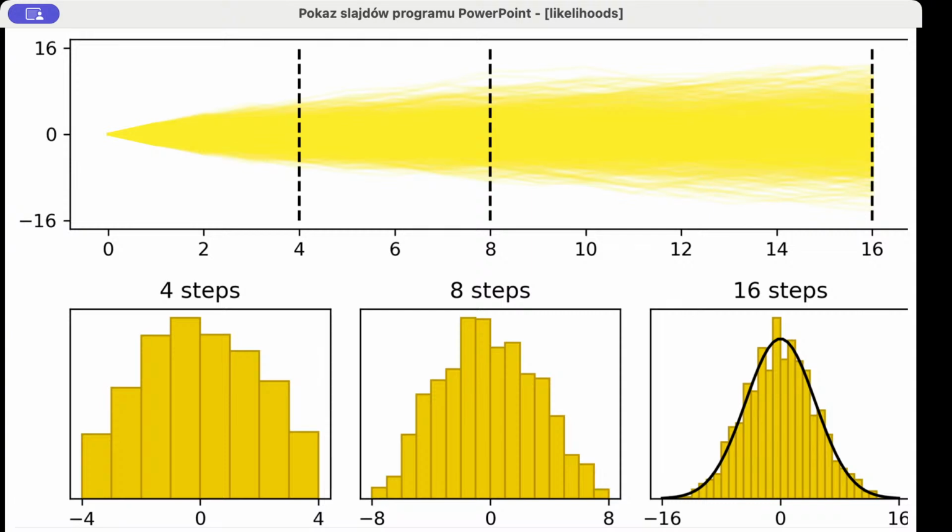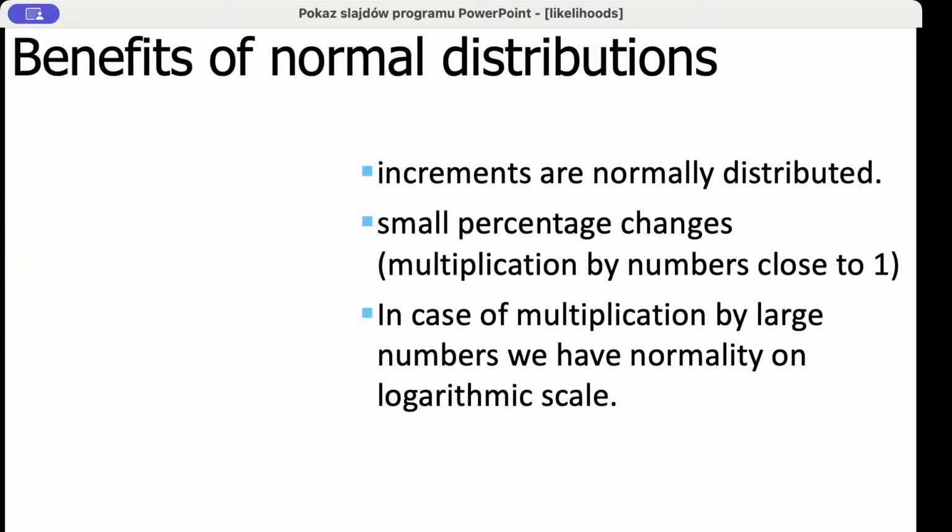So normal distributions are, in a way, very useful tools to work with data that arises from additions. But not only addition, but generally all kinds of increments are normally distributed as long as we focus on reasonability of those increments.